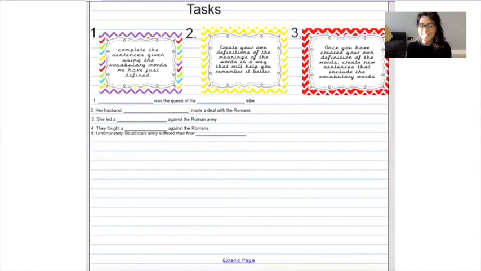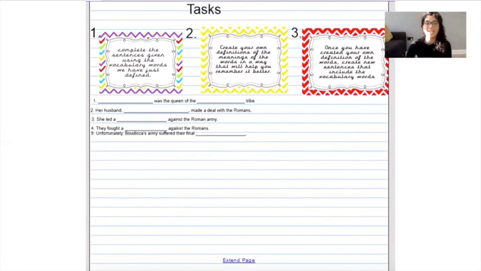So, now we come to our 3 tasks for today's lesson. Task number 1, complete the sentences given using the vocabulary words that we have just defined. So, the sentences are, number 1, blank was the queen of the blank tribe. Number 2, her husband made a blank deal with the Romans.